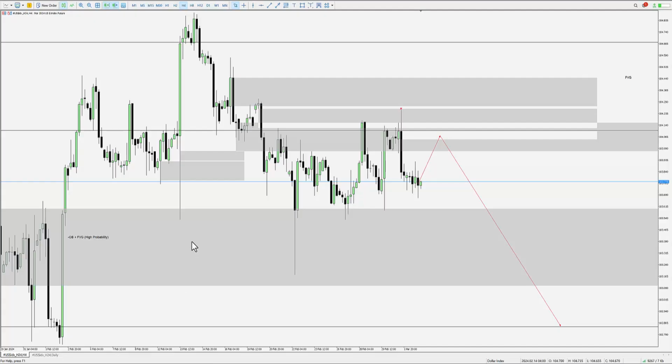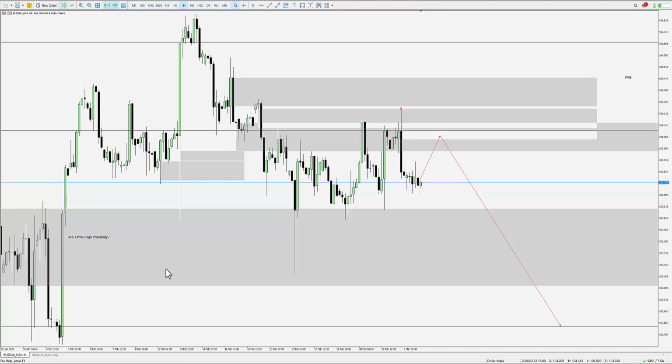So that's dollar. I'm looking for price to expand to the downside, probably after a bit of a redistribution into fair value. And you can already see I've highlighted one fair value range that I'll be looking to participate in, and that's the H4 bearish order block.